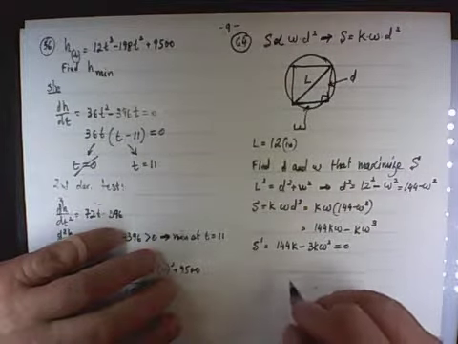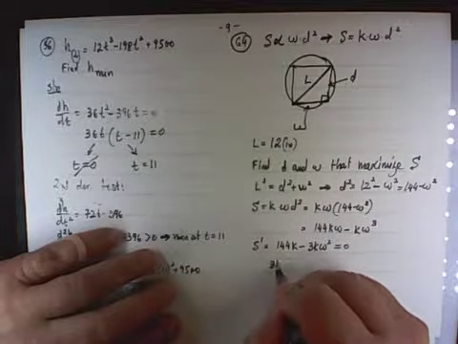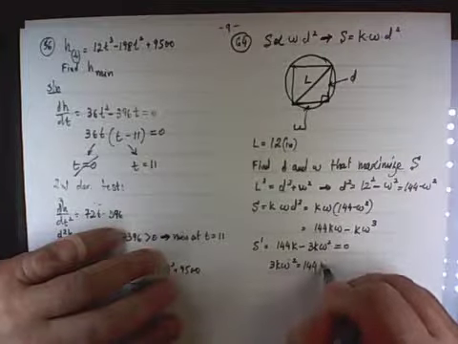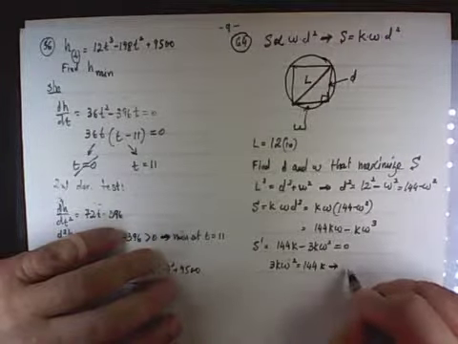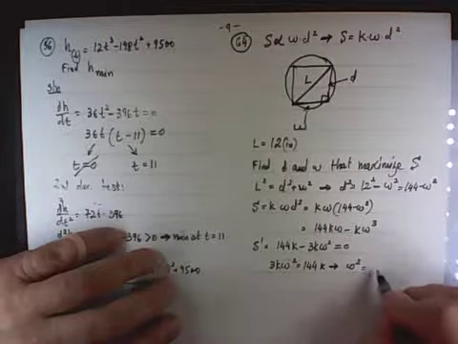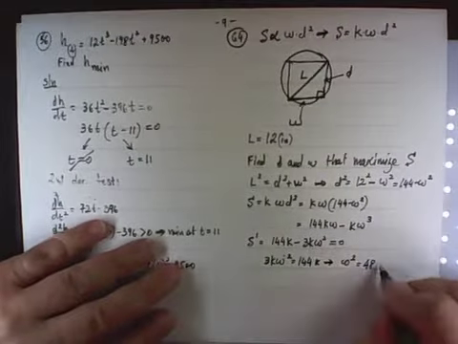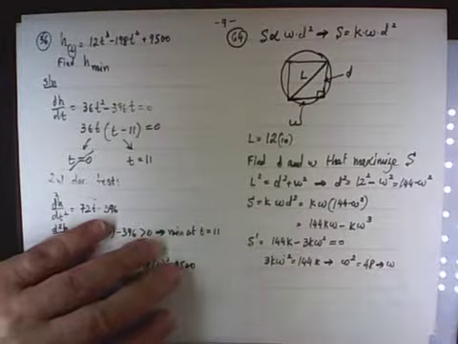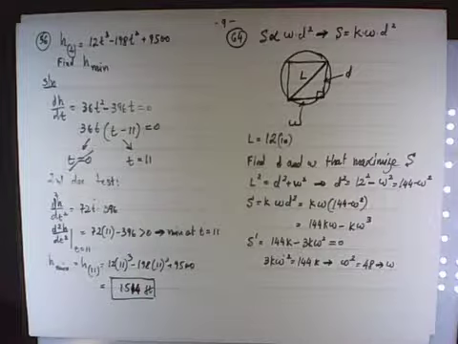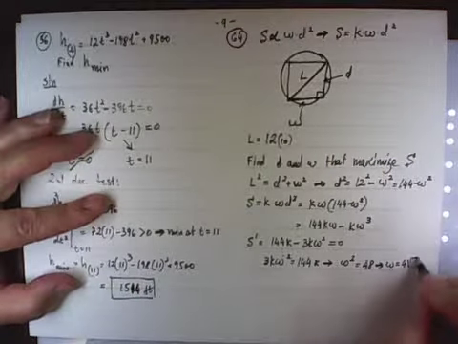So 3KW squared equals 144K, or W squared equals 48, and W equals the square root of 48. 48 is 16 times 3, so it will be 4 square root of 3 inches.